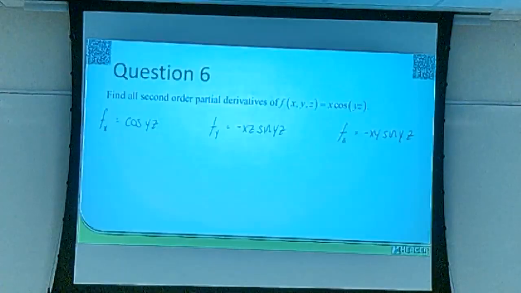Now start with that first partial. We'll do this systematically. Take it first with respect to x: zero. Now with respect to y: negative z sine yz.